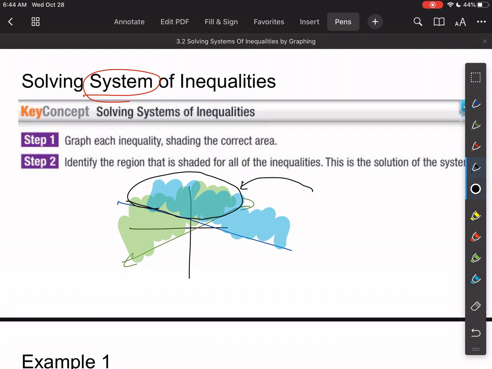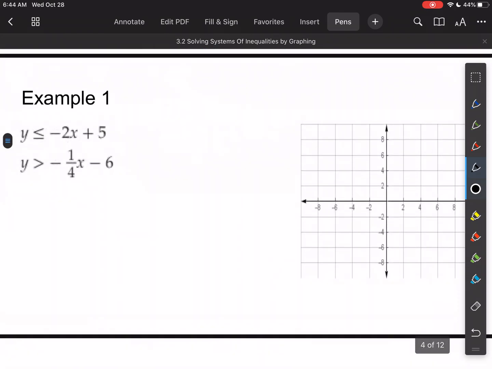So we're going to learn how to do that here with example 1. For example 1, I'm going to teach you guys a couple ways to graph these as well. For this one, let's start with the y-intercept. If the y-intercept is at 5, we put a point there. And then our slope is -2. Negative means going down from left to right.